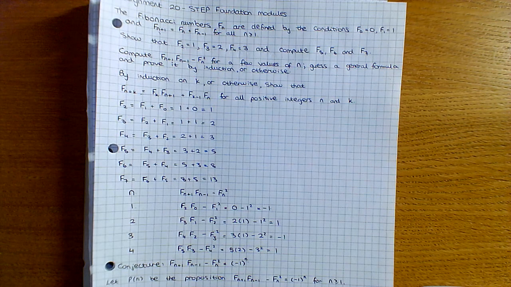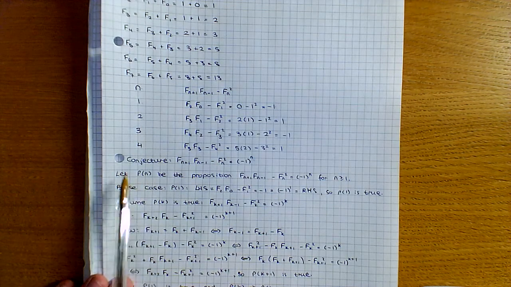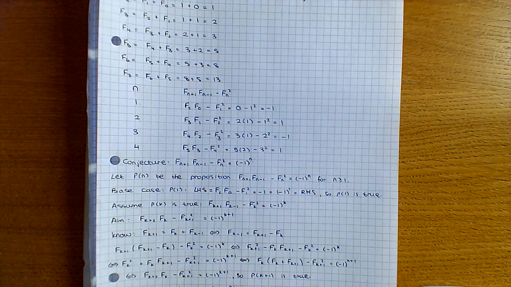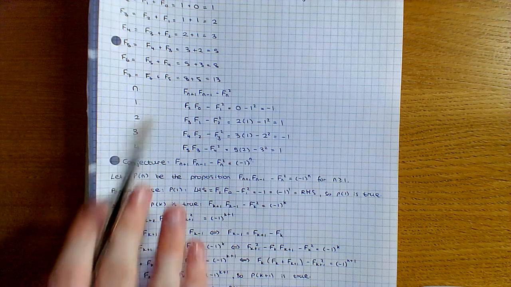You've just got to be very careful here not to get mixed up with our expressions and stuff, right? So for example, at the start of the proof I said let P(n) be the proposition. That's because I was doing induction on n. Now we're doing induction on k, I'm going to have to start by saying let P(k) be the proposition. Okay, so that's what I'm going to do.